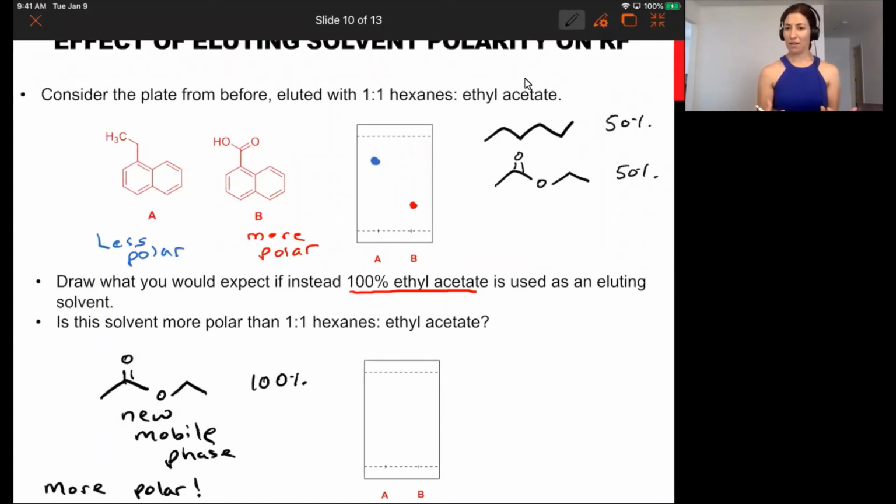Then the question becomes, well, what is the effect on what I observe after developing my plate?